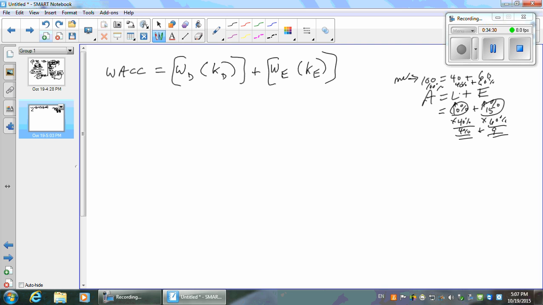Is that right? 9%, isn't it? Guess what? On the assets, I must earn 13%. 4 plus 9. If I earn 13% on my assets, I'm going to be able to pay the 4 to the debt holders and the 9 to the equity holders, and everybody's happy. And the value of my stock will not change up or down because it's properly priced if I earn exactly 13% in this little example.